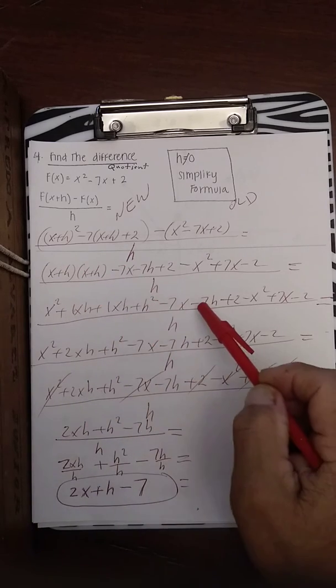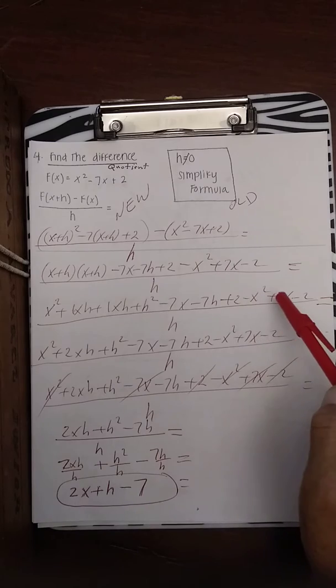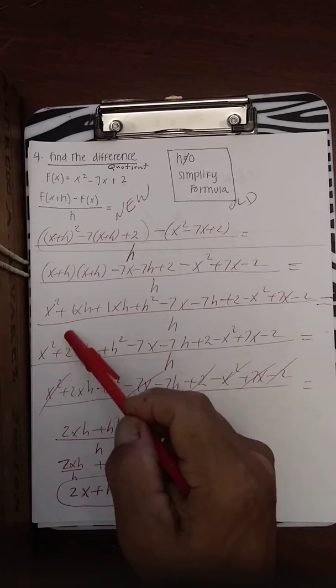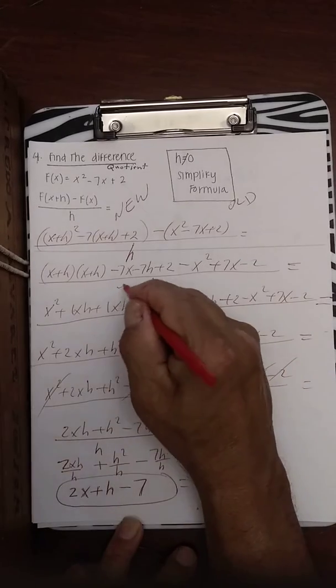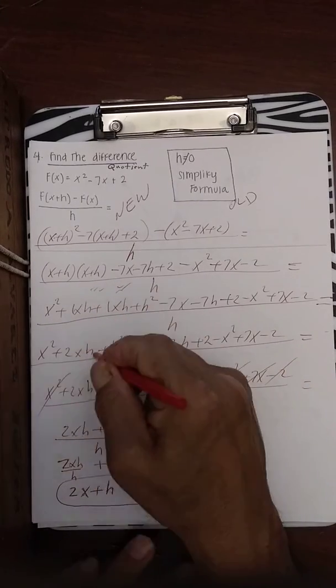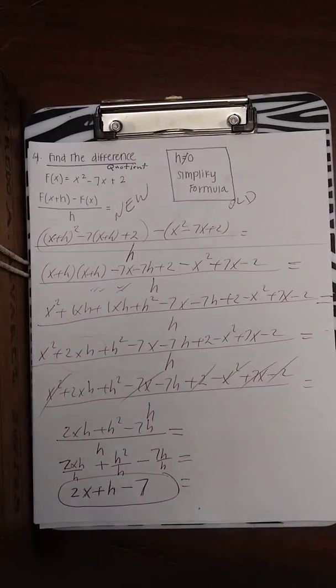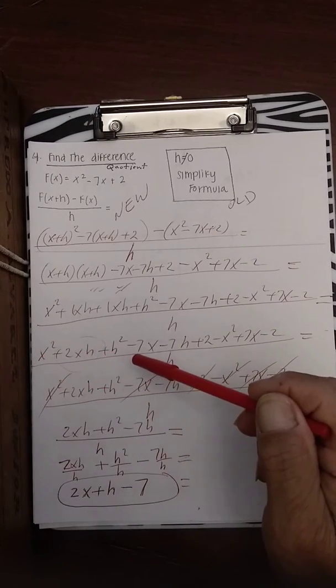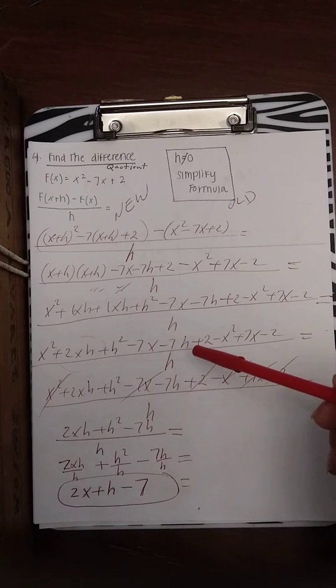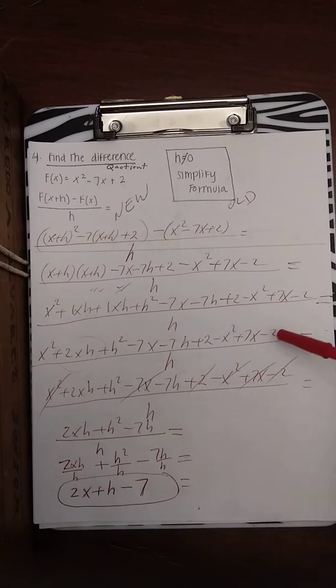Minus 7x, minus 7h plus 2, minus x squared, plus 7x, minus 2. We write this: x squared, 1xh and 1xh right here, these are going to be 2xh. So now we have x squared plus 2xh plus h squared minus 7x minus 7h plus 2 minus x squared plus 7x minus 2.